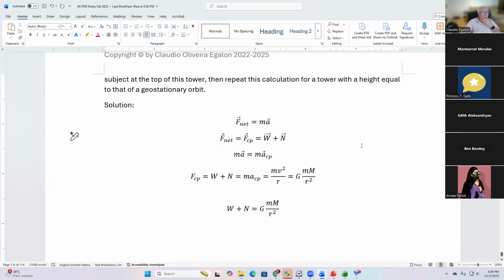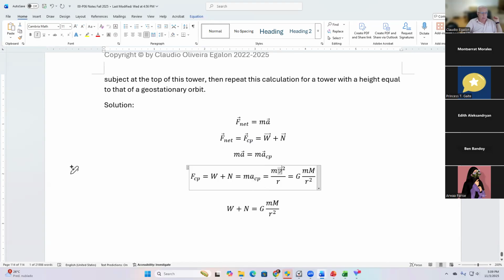It's the weight plus normal. Both the weight and the normal are directed along the radial direction. One is in the negative radial direction, the other is along the positive radial direction. And the centripetal acceleration is always going to be towards the center of the Earth, right?